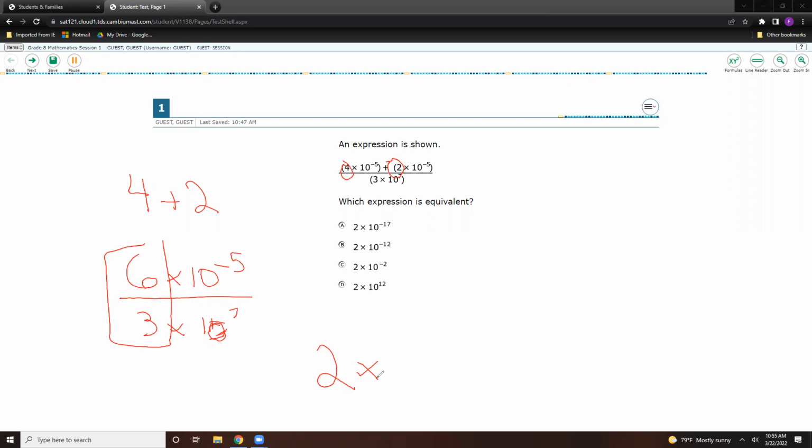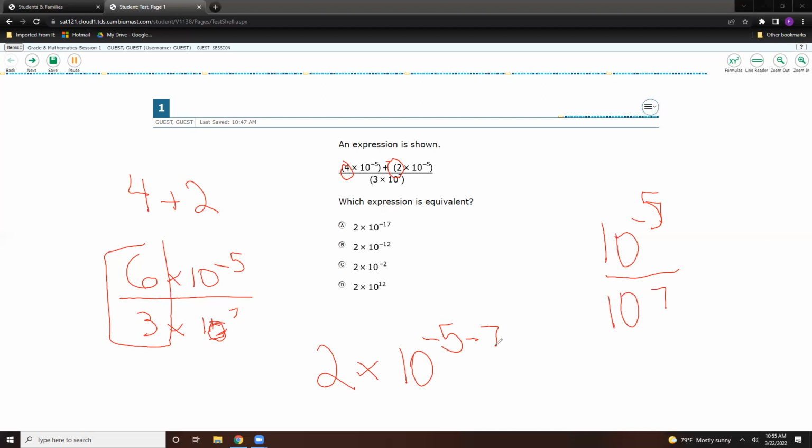So when we divide powers with the same base, sorry, there was a 5 in there and a 7. What we have to do is leave the base and subtract the exponents. So that will give me negative 5 minus 7, which of course, as we know, we don't truly subtract because they have the same signs.